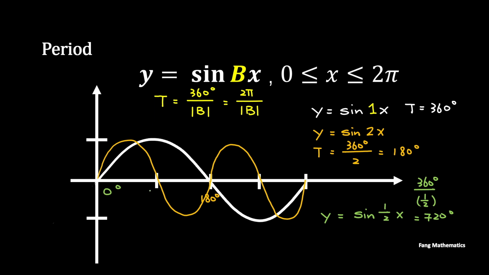But in this case, we are restricting the domain between 0 degrees to 360 degrees. That tells you from 0 to 360 degrees, this green graph will only complete half a cycle. You start from 0 and complete half the cycle to 360 degrees. And you should have the graph like this.